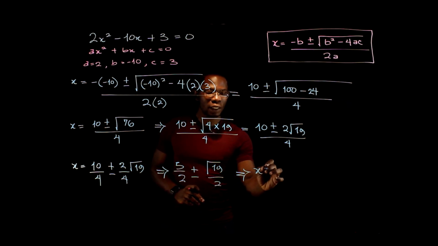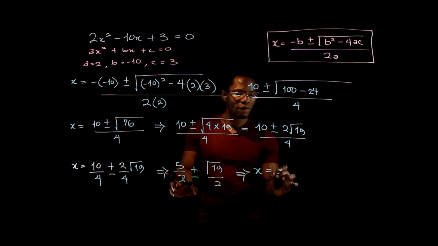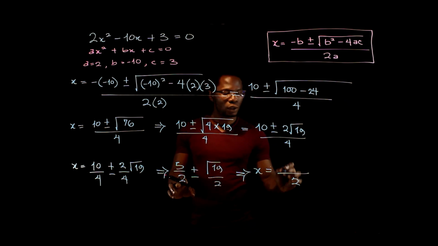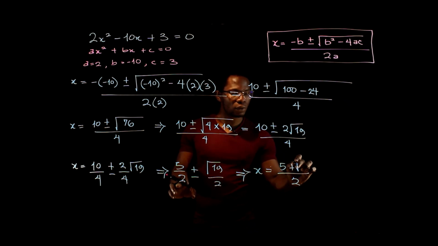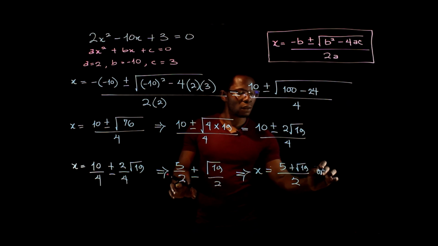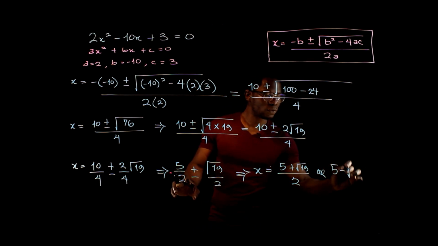So x is either equal to, we have a common denominator here, which is 2, so 5 plus root 19, or 5 minus root 19, over 2.